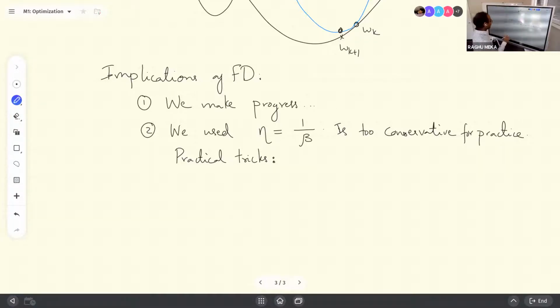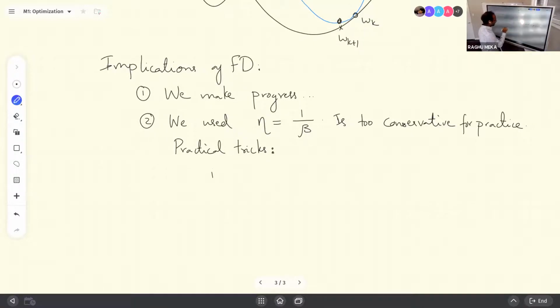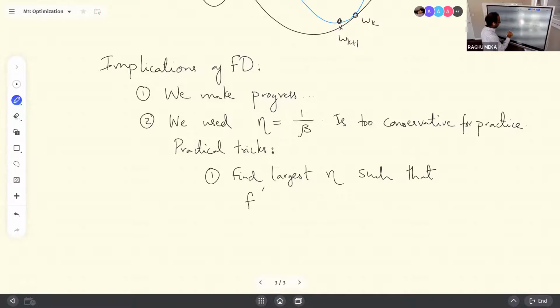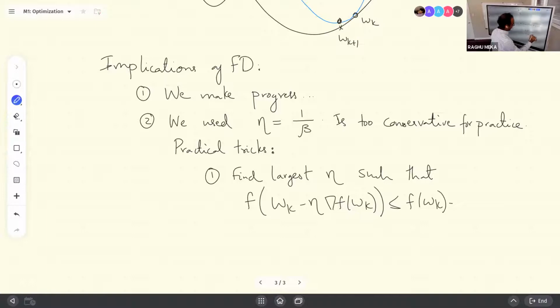So what do I mean by that? One trick is to find the largest eta such that f of the next iterate satisfies the bound from the theorem. Okay, find the largest eta such that this is true.